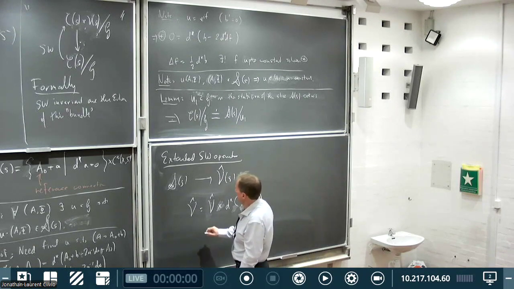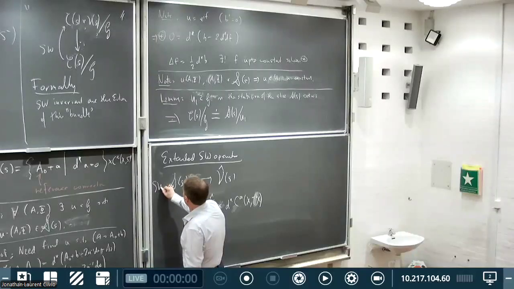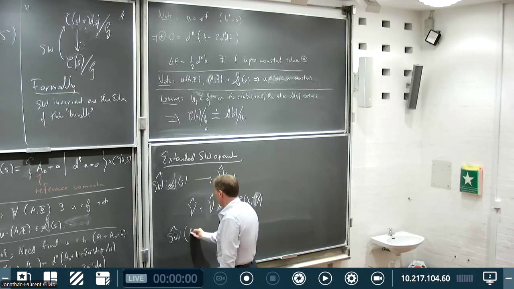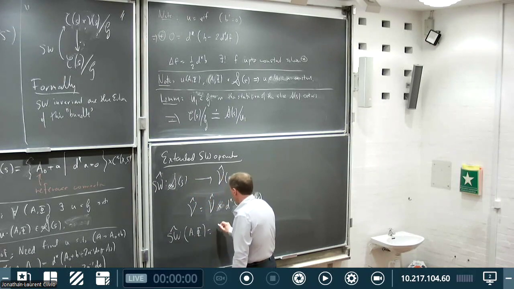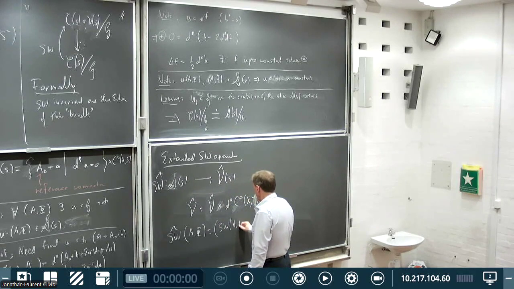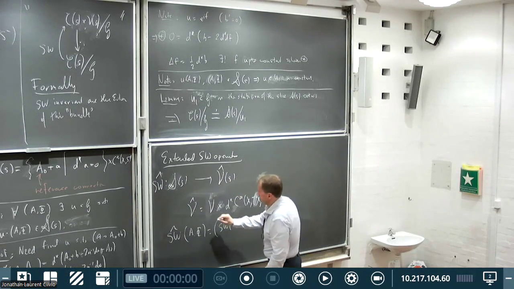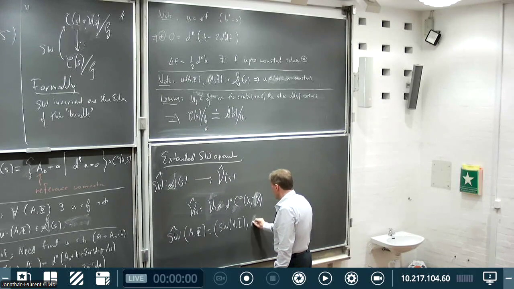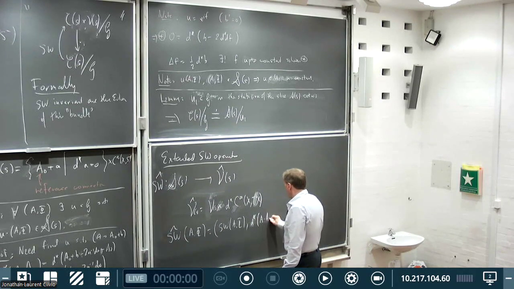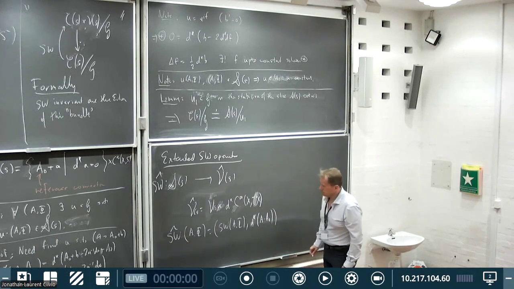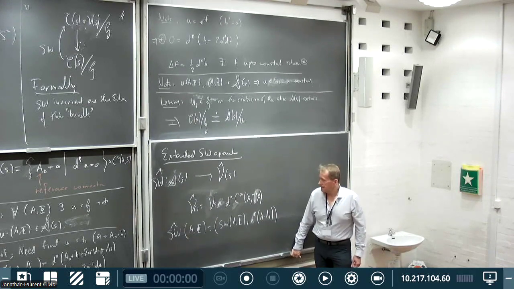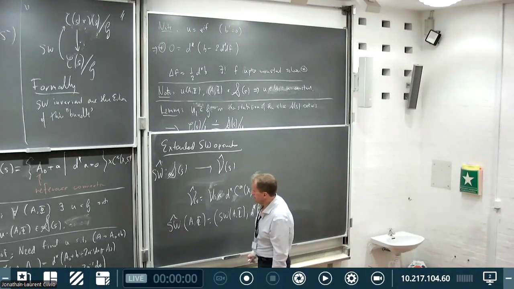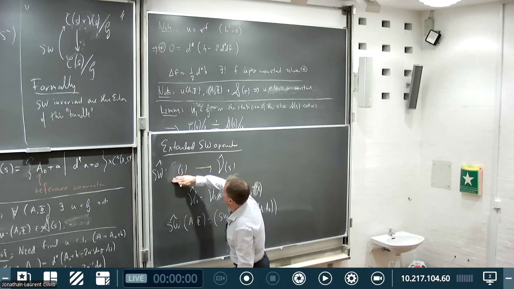My extended Seiberg-Witten operator SW hat, what does it do to A and phi? Well, it just does SW of A phi, and then I'm going to take D star of A minus A naught, again fixing this reference connection once and for all.